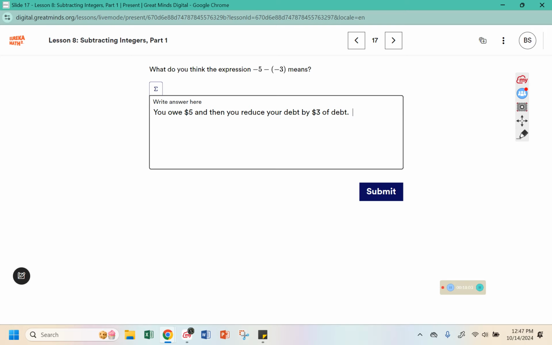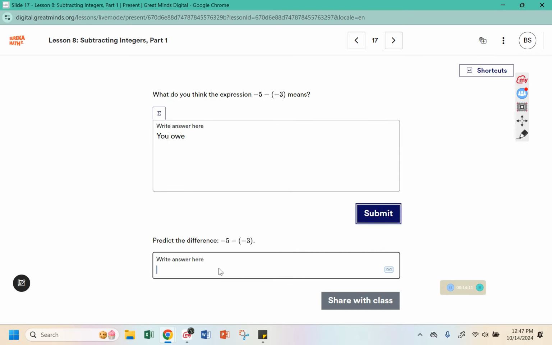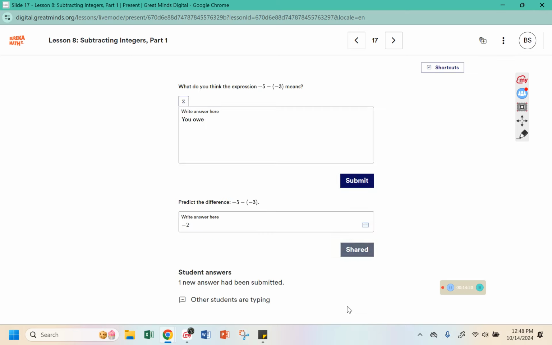Or you can think of it as them forgiving that debt or taking away the debt. Predict the difference. If you take away $3 of debt from $5 of debt, you still have some debt, but you are going to have $2 in debt instead of 5.